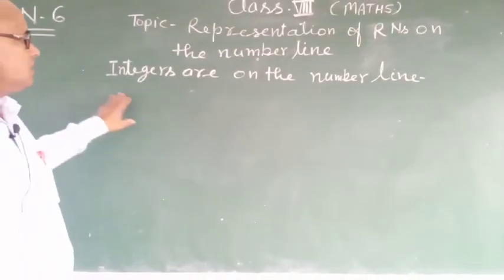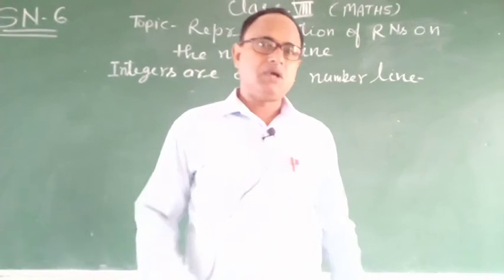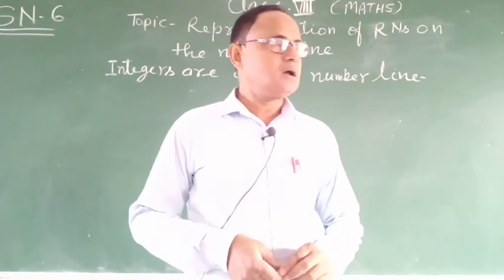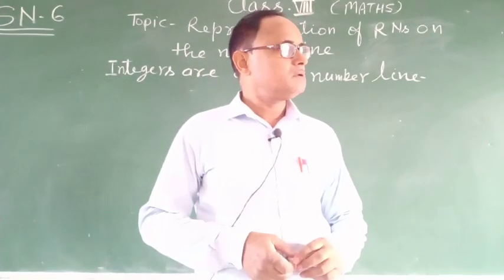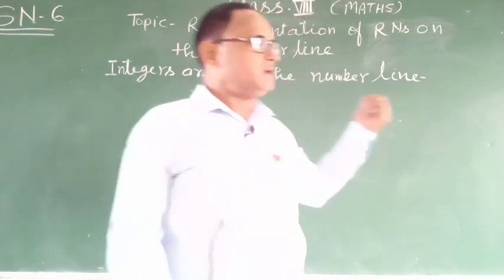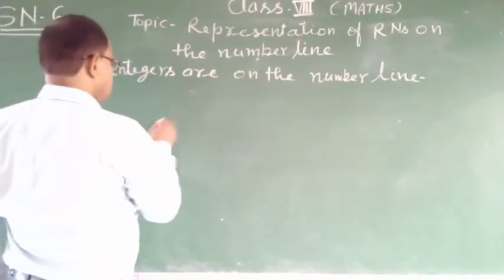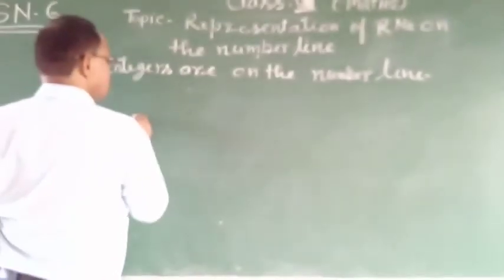In this case, first we show integers on the number line, because all integers are rational numbers, but all rational numbers are not integers. Okay? Here we show rational numbers on the number line.